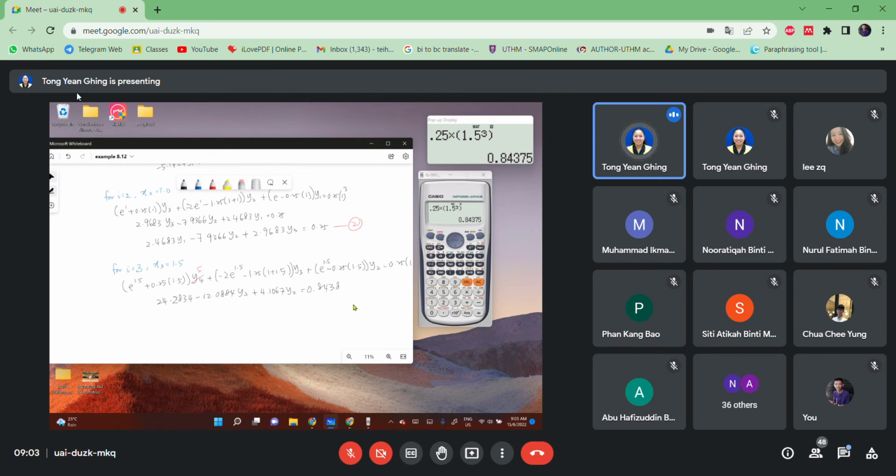So now I will put the y2 in front, 4.1067 y2 minus 12.0884 y3, and then this one 24 put here, bring to the right, negative 24.2834. So become negative 23.4397.